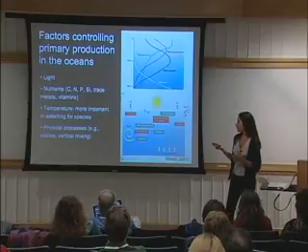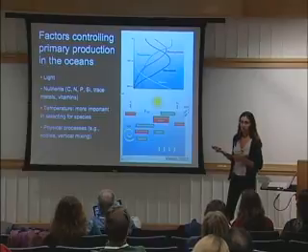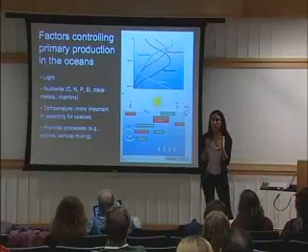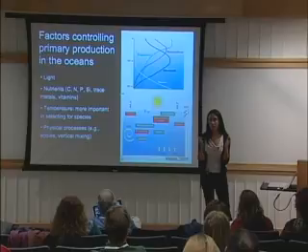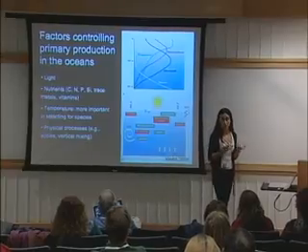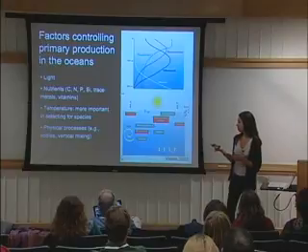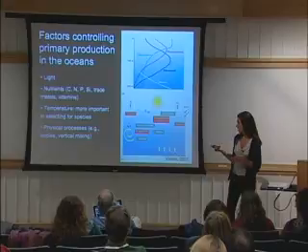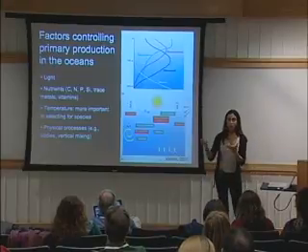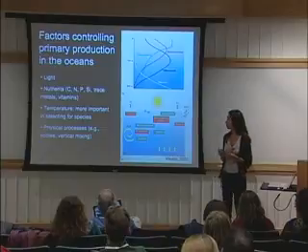So temperature is important in selecting for species. Different species have different thresholds of tolerance to temperature and light and so on. So temperature will determine the presence of particular groups or species, and then the physical processes will disperse the species in the water column or the populations.